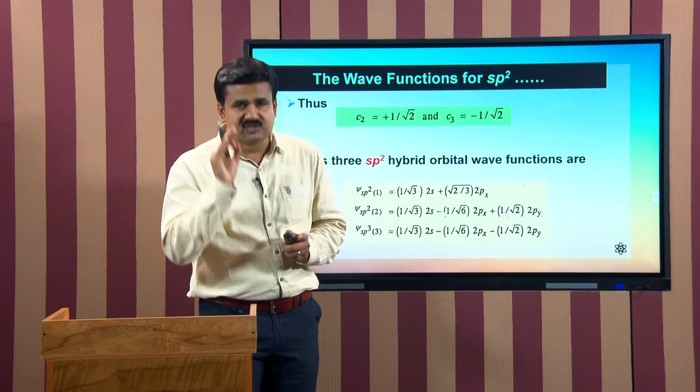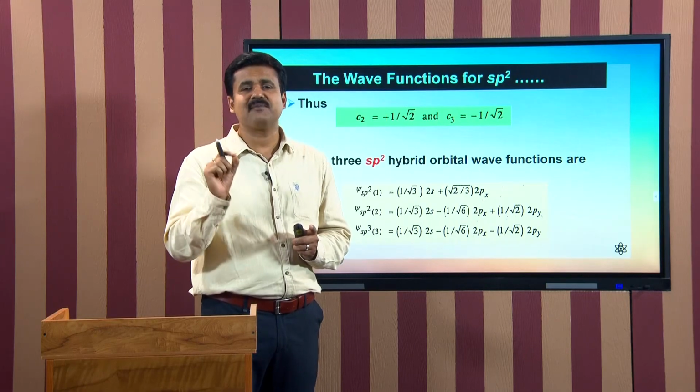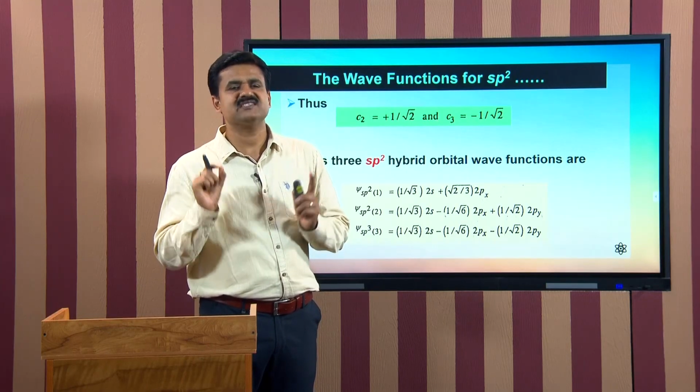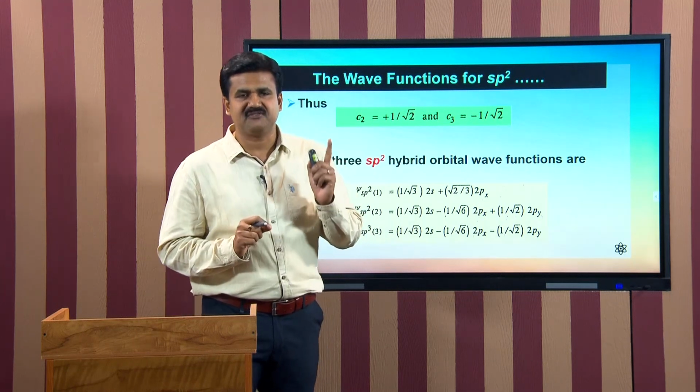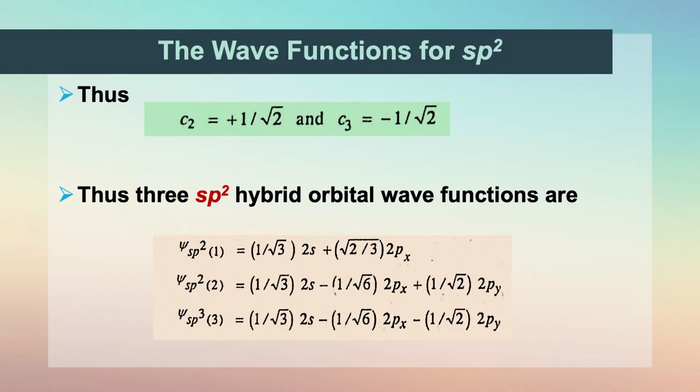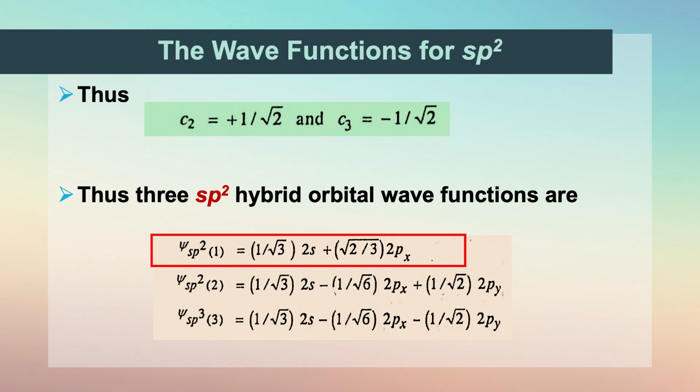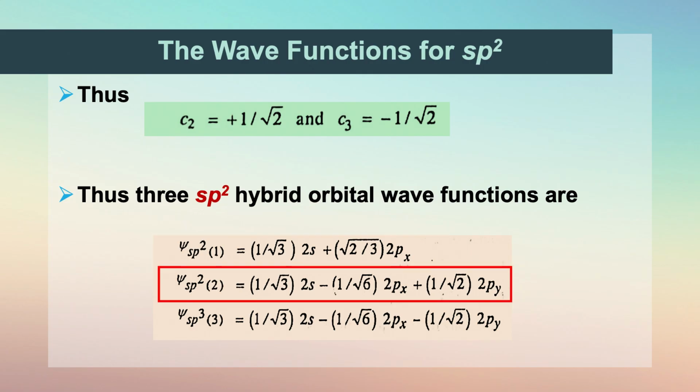By putting all these coefficients and atomic orbital wave functions together, we get the three sp2 hybrid orbital wave functions of the system. Psi sp2 1 equal to 1 by root 3 2s plus root of 2 by 3 2px. Psi sp2 2 is equal to 1 by root 3 2s minus 1 by root 6 2px plus 1 by root 2 2py.